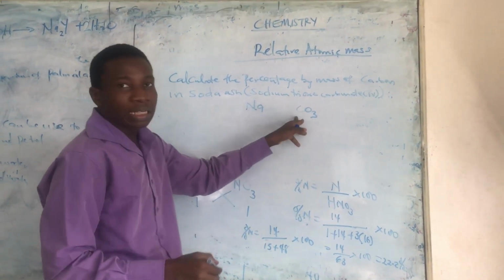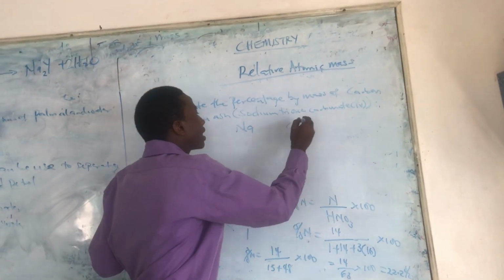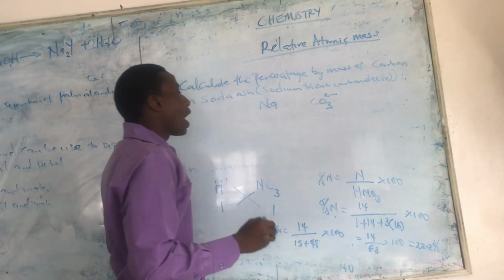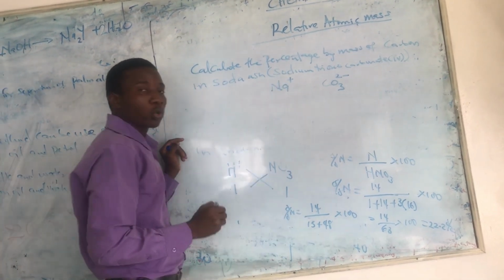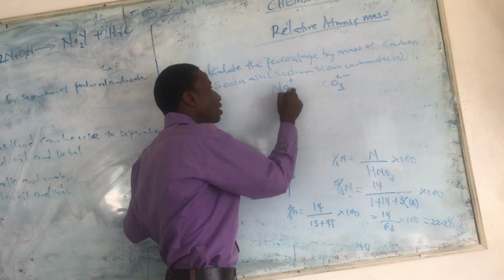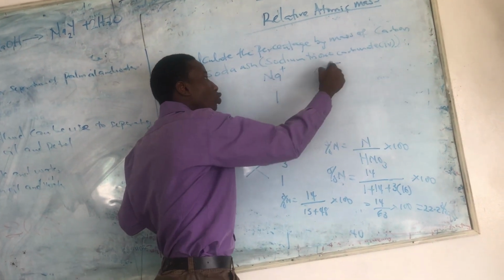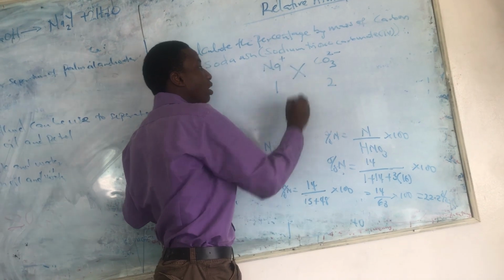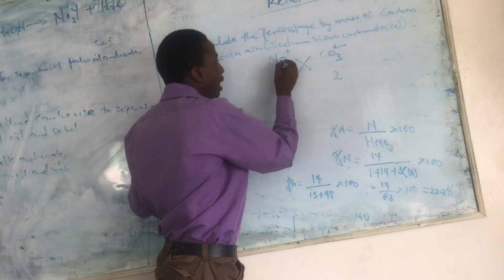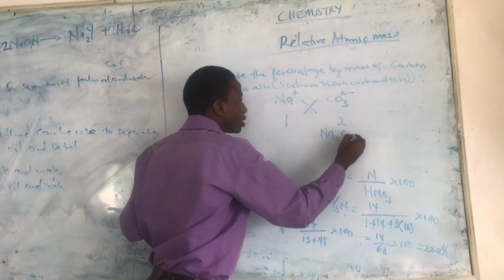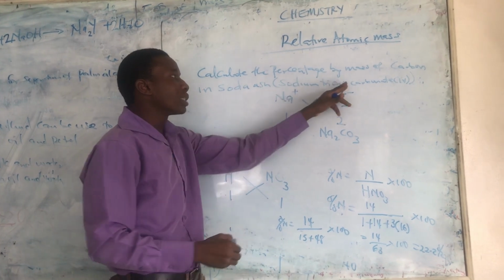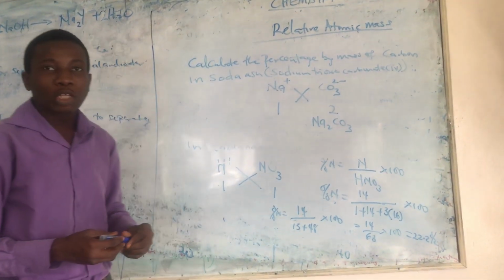And I told you that this is a radical. And this radical carries 2 minus. And we established in the last class that Na is Na plus. So how do we now form a compound with it? Plus 1 is 1, minus 2 is 2. Cross multiply. What will the formula be? Na times 2, Na2. CO3 times 1, CO3. So the formula of sodium trioxocarbonate(IV) is Na2CO3.